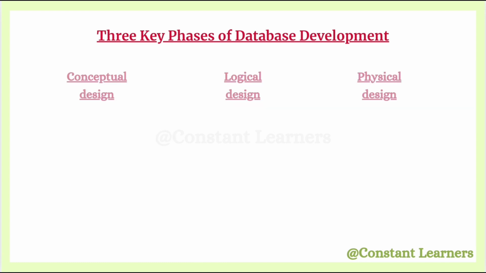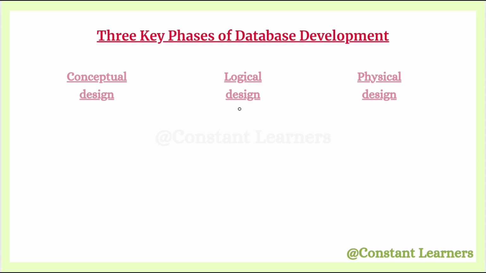Now, no matter which approach you choose, database design usually happens in 3 stages. These are not the approaches for database development. These are just the 3 stages that are usually used in every approach, right? So they are conceptual design, logical design, and physical design.